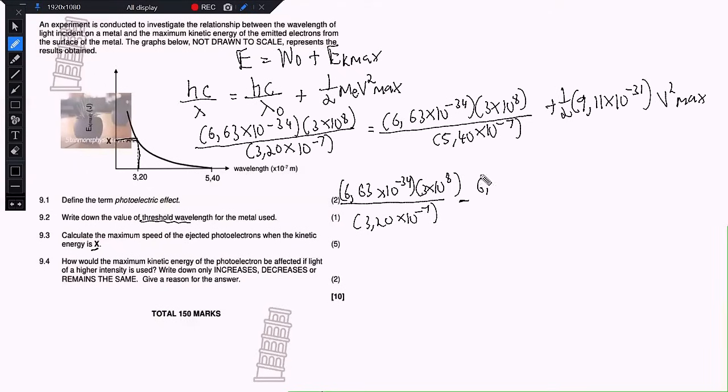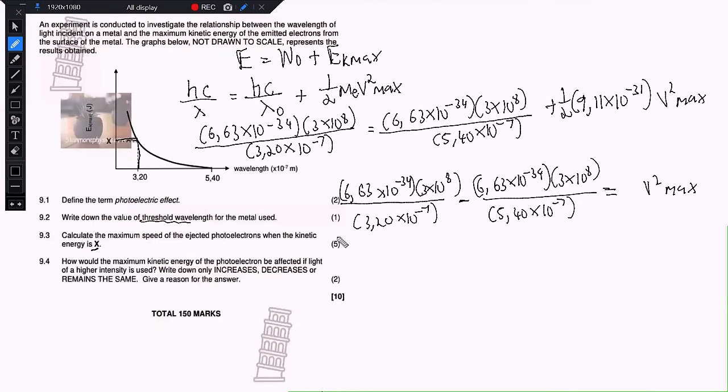So 6.63 times 10 to the exponent of negative 34, and then 3 times 10 to the exponent of 8 over 5.40 times 10 to the exponent of negative 7. And then that is equal to V squared max.